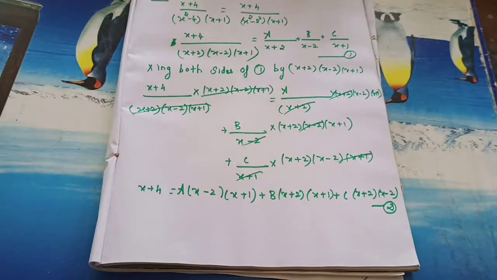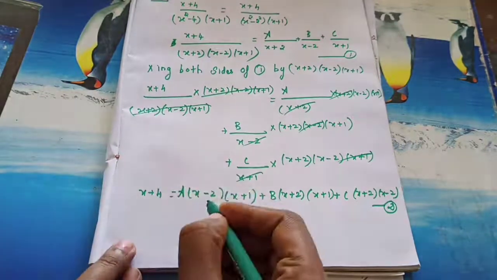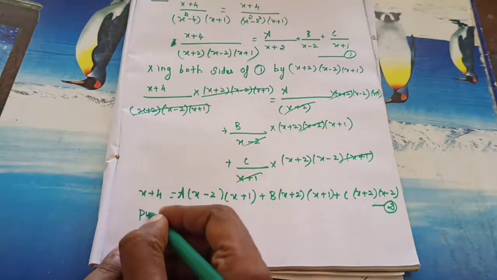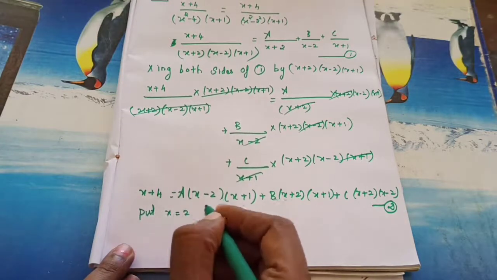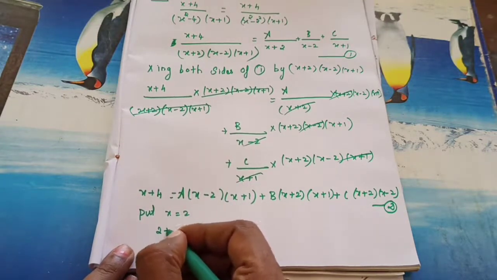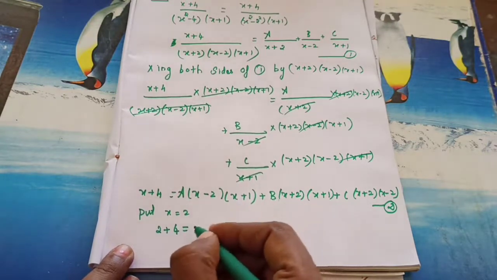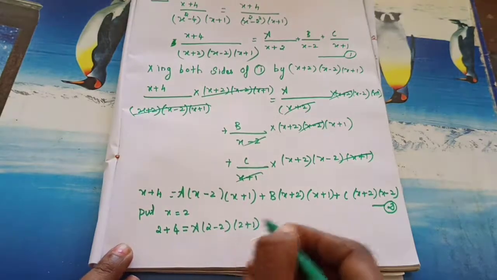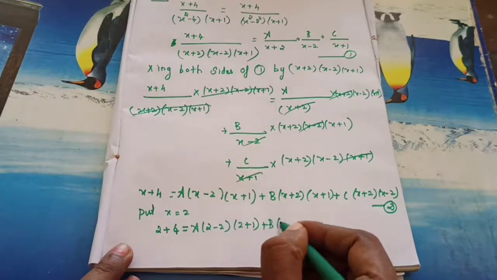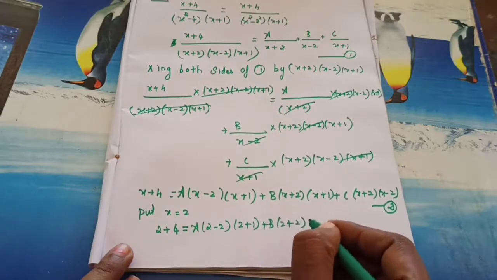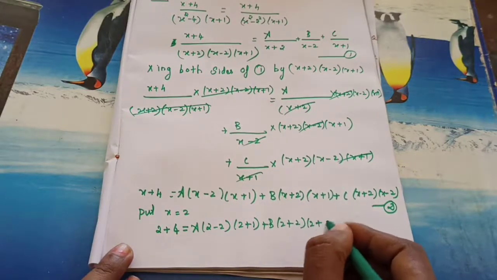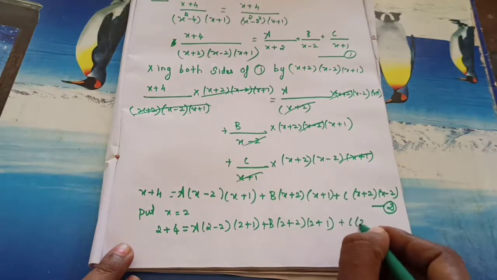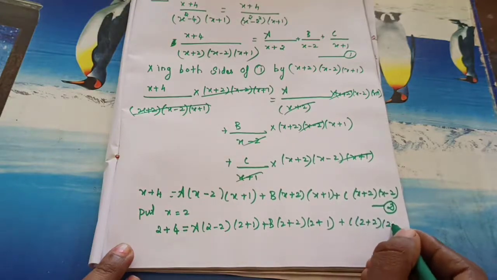Understand? Okay. What values, if we substitute, will make terms become 0? Shall we substitute? Put x = 2 first. So what will happen? 2 + 4 is equal to A(2 - 2)(2 + 1) plus B(2 + 2)(2 + 1) plus C(2 + 2)(2 - 2).